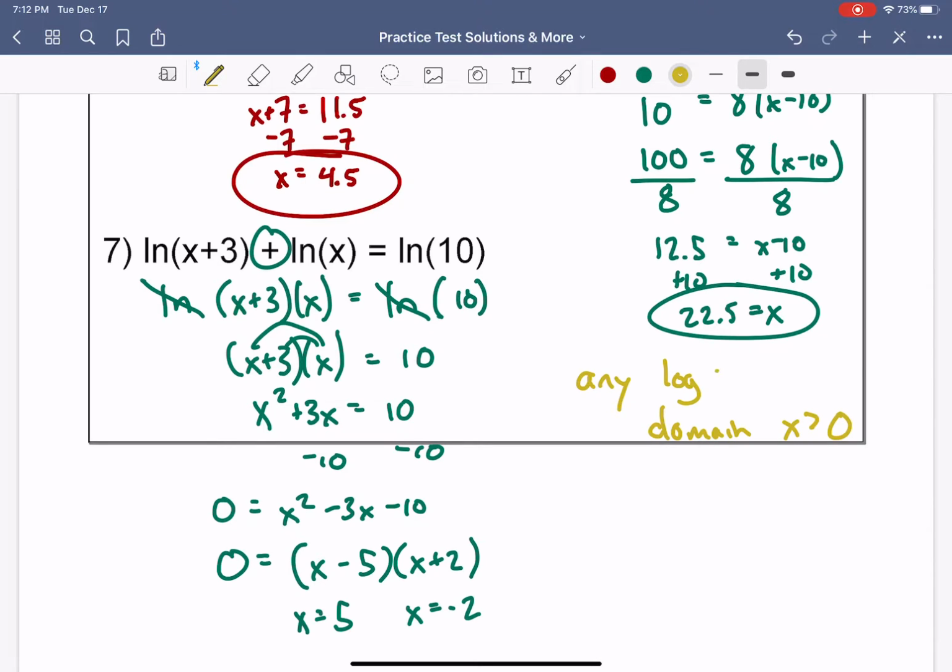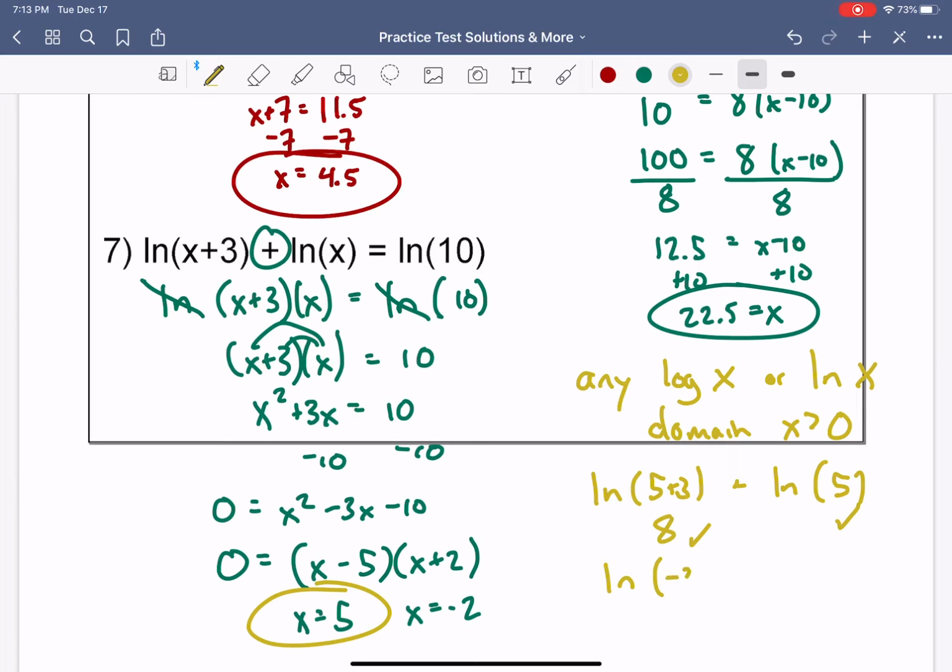But that's for like log of x or ln of x, right? We want the number inside the parentheses. Once we do any math inside the parentheses, we need that to be positive. So let's check. We can do ln of 5 plus 3, that's 8, that checks out. ln of 5, that's positive, that checks out. So that's one of our answers. Once we do this, negative 2 plus 3 is 1, so that checks out.